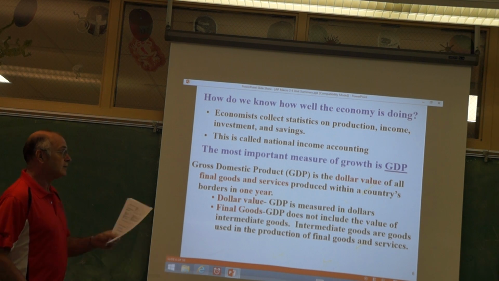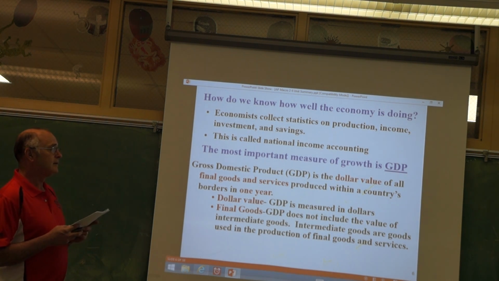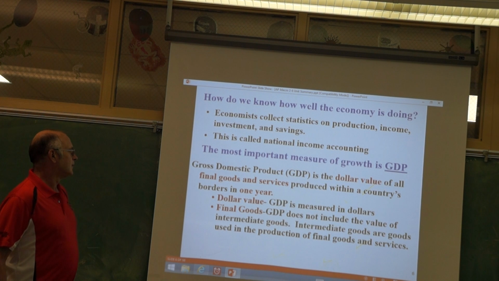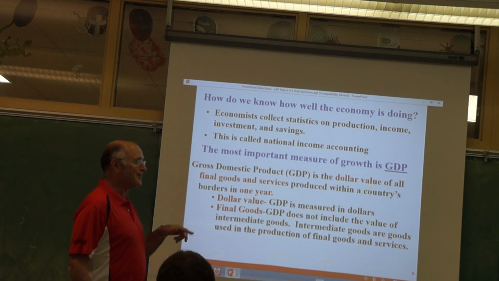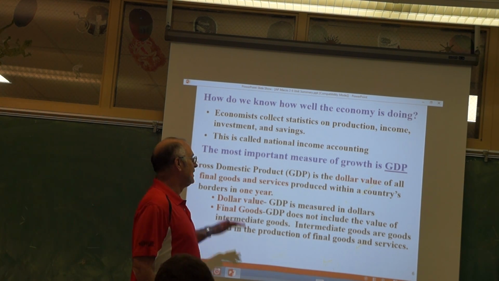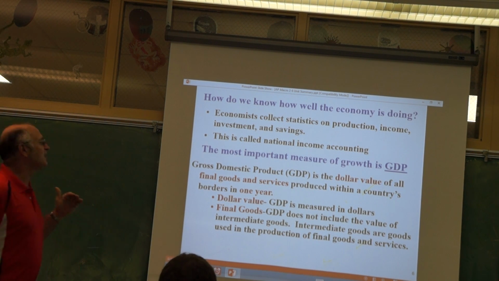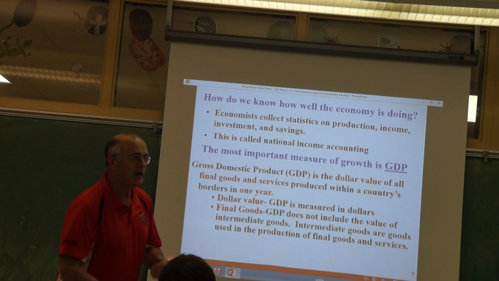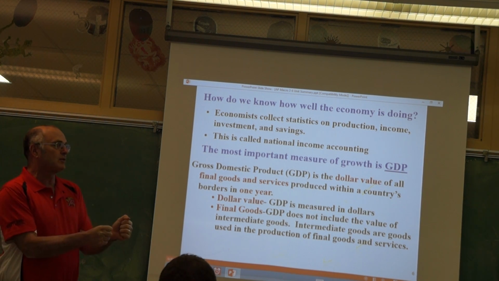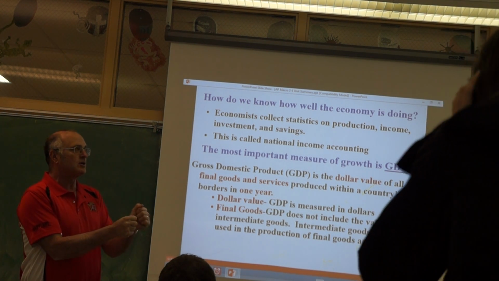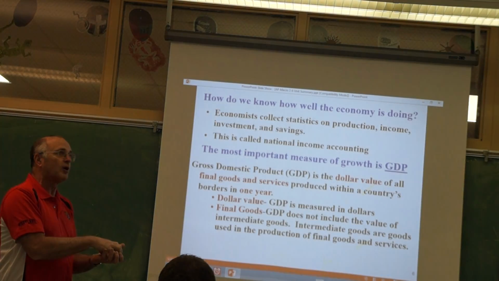Do other countries call it GDP as well? Yeah, obviously produced within their borders. GDP does not include the value of intermediate goods. Meaning, if you sell tires to General Motors, that doesn't count because that's going to be part of the car.